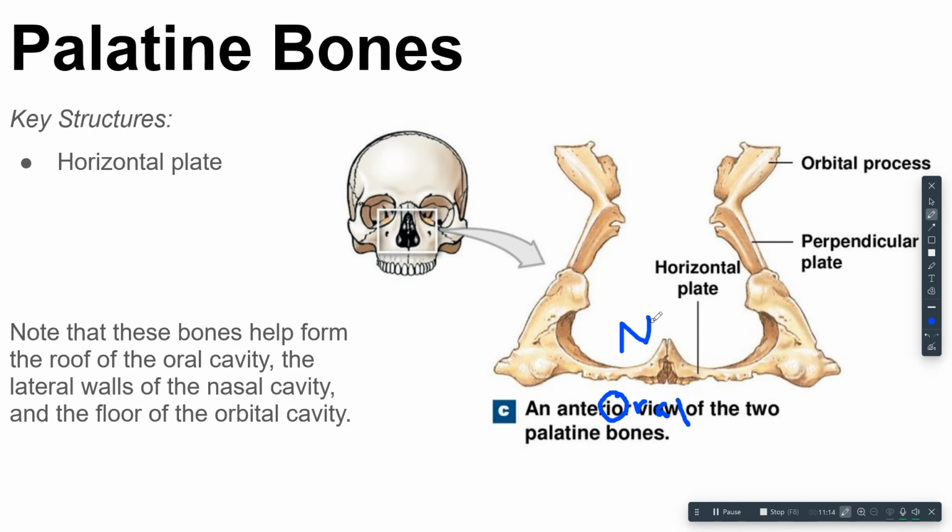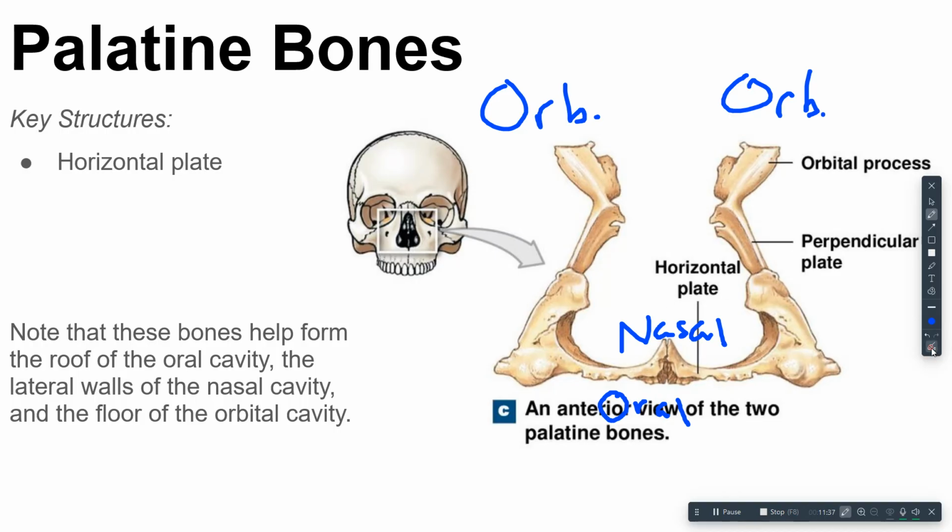The nasal cavity would be above them. And they also help form a tiny bit of the orbital cavity on each side. So contributing to 3 cavities. The palatine bone has this vertical part of the fancy L, and then a horizontal part.